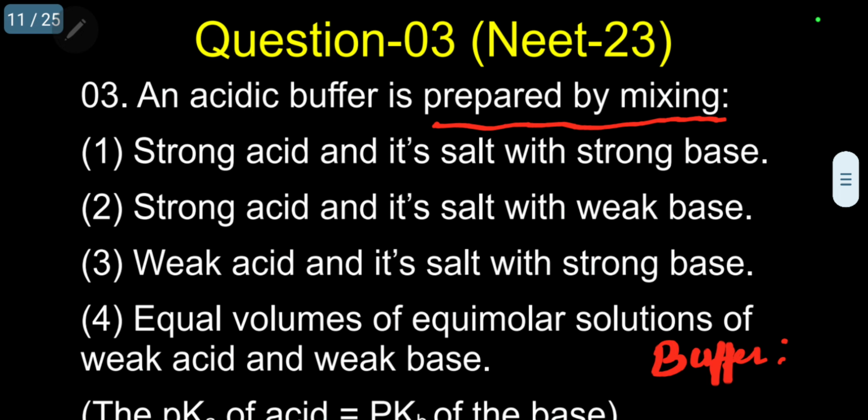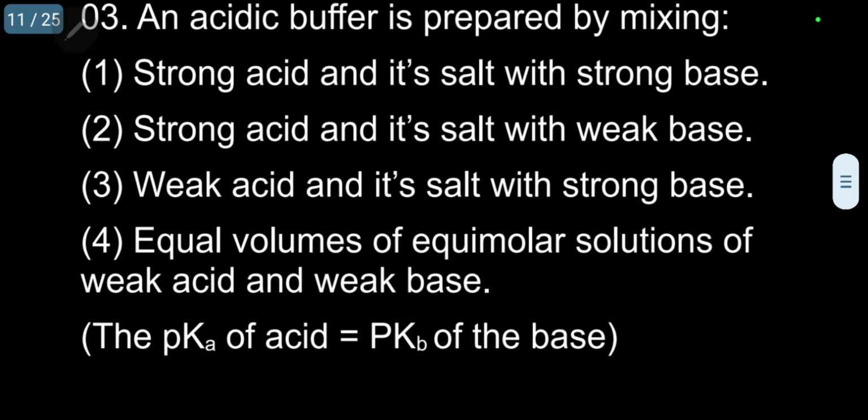from a strong acid and its salt with a weak base. Then only, a strong acid and its salt with a weak base means, on ionization we will get an acidic solution. So 4 possibilities: strong acid and its salt with strong base, strong acid and its salt with weak base, weak acid and its salt with strong base, and equimolar solutions of weak acid and weak base with pKa of acid equal to pKa of the base.